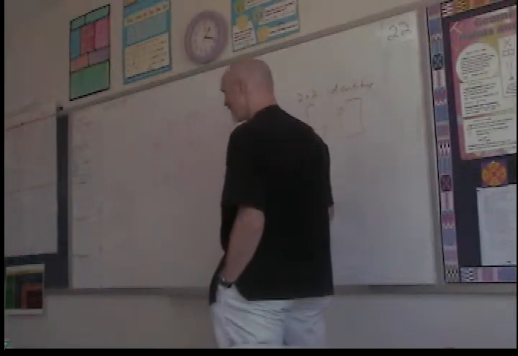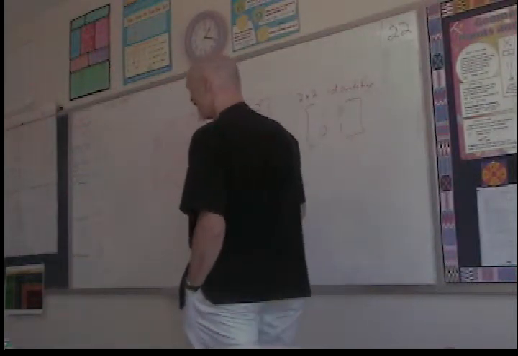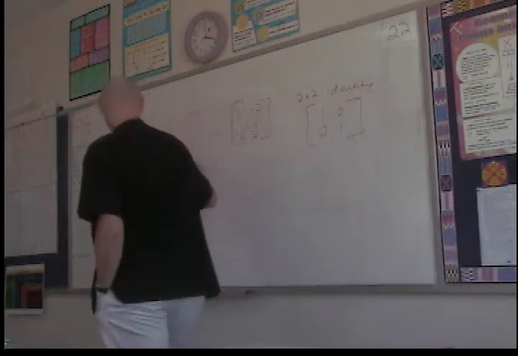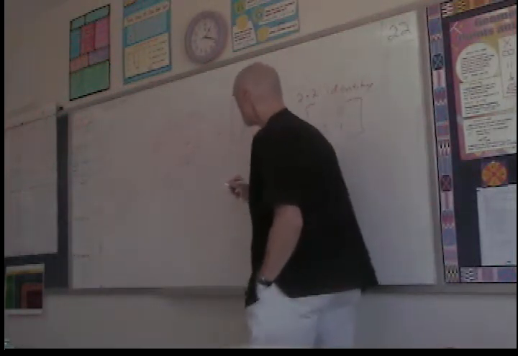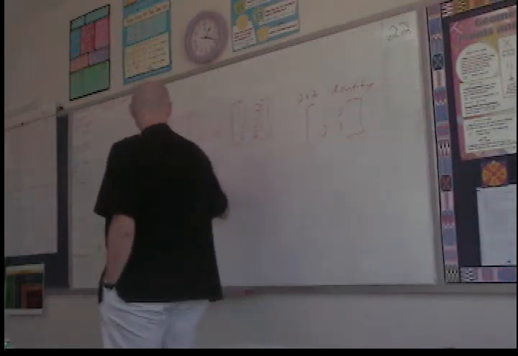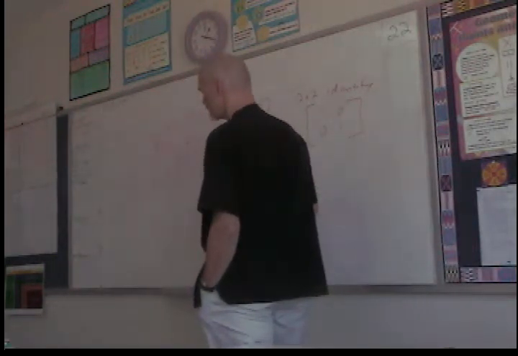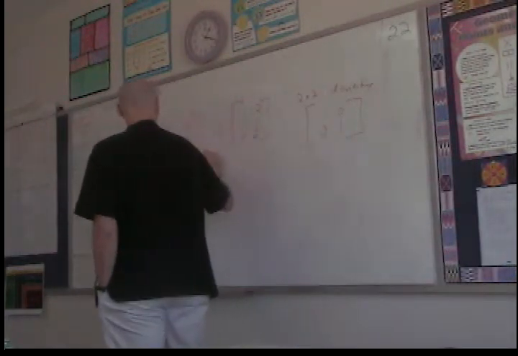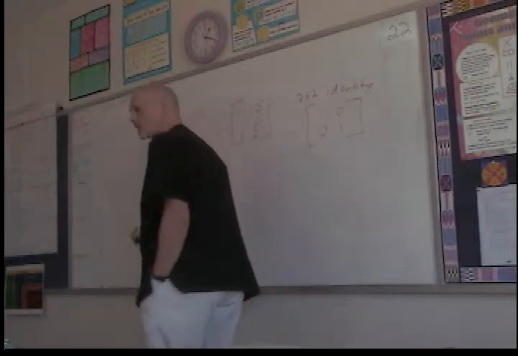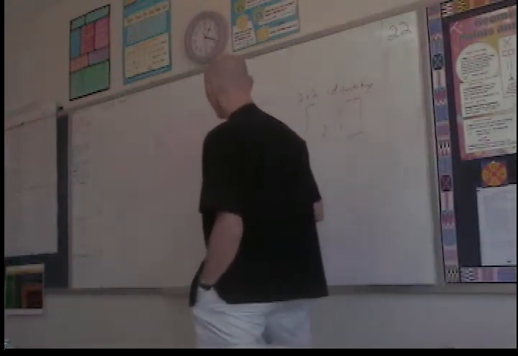In my head it was -2. Okay, so we get -2. Next one, -6 and 6. Ooh, this is looking promising, isn't it? How about the next one down here?